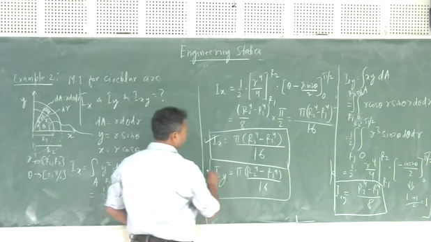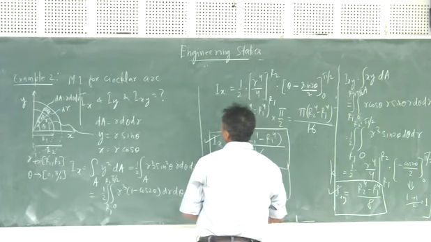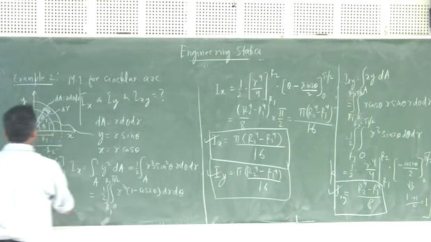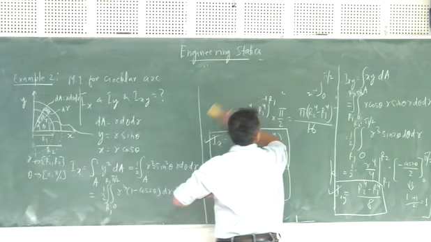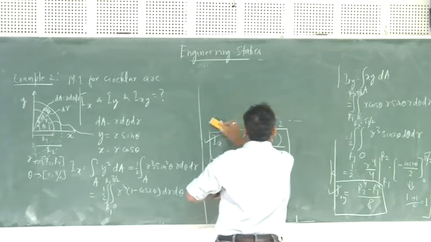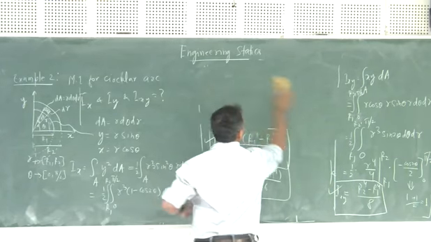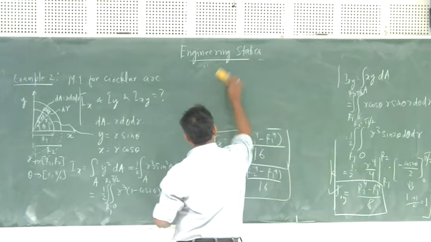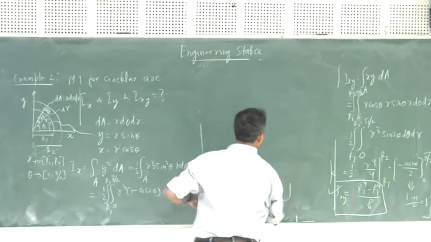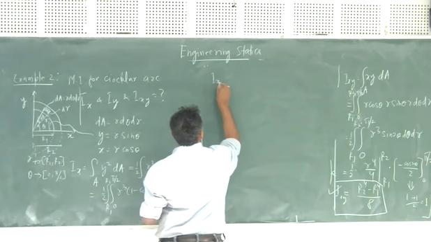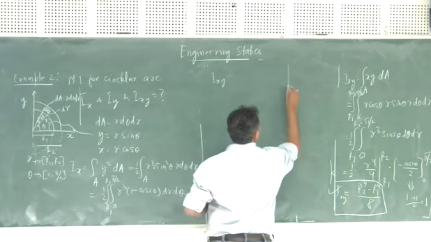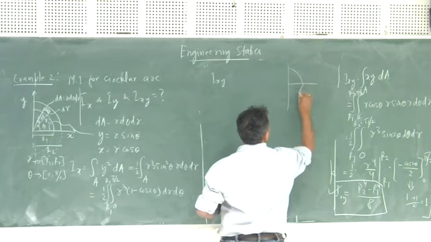For the arc, this is the case, this is the case, and this is the case. Try to write down the product of inertia Ixy for the semicircle.